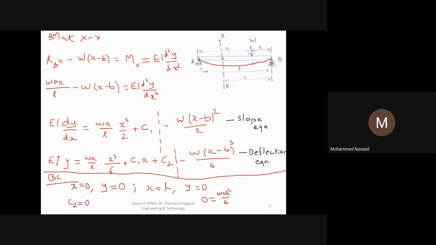L minus b, should we give a? Yes, a cube will come. Sorry, that's my mistake. That will become, as said, W a cube divided by 6. Okay, that's the value.